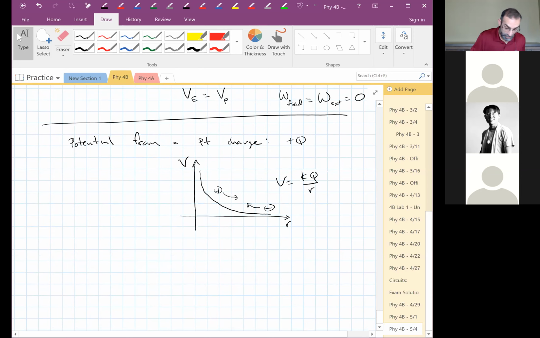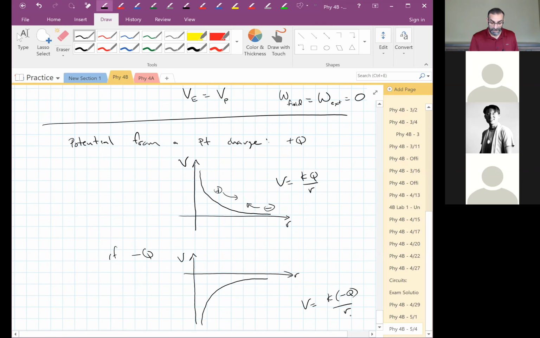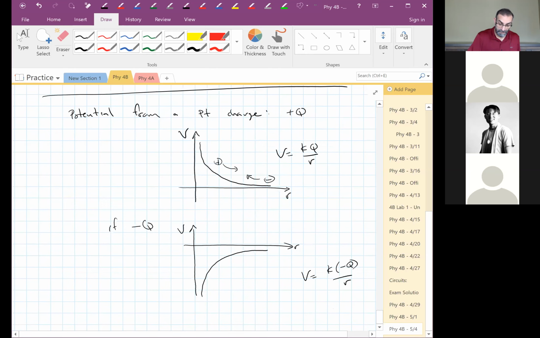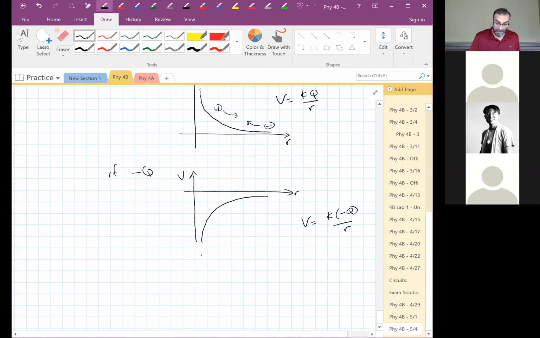And if it's a negative charge, then we have this equation, and we get this negative 1 over r situation. But positive charges would still roll down the hill towards lower electric potential. Positive charge would go this way, negative charge would go that way.